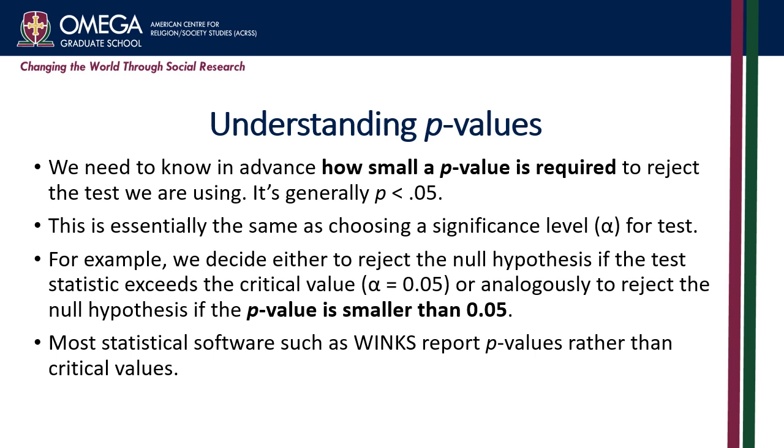As I mentioned, most statistical software such as Winx report p-values rather than critical values, and all you really need to know is whether or not the p-value that's computed by a particular test is less than 0.05. And Winx will actually tell you whether or not the null hypothesis can be rejected based on the p-value that each statistical test computes.